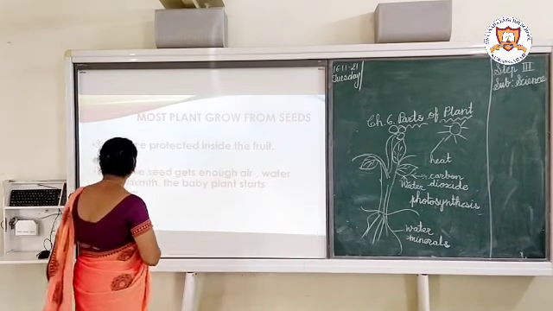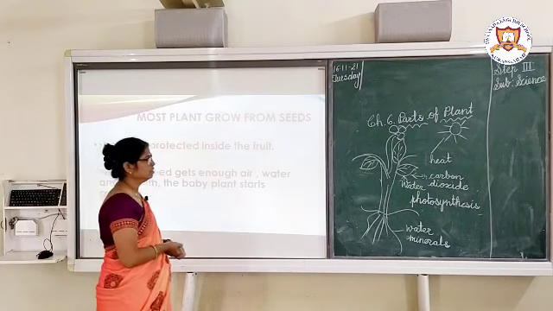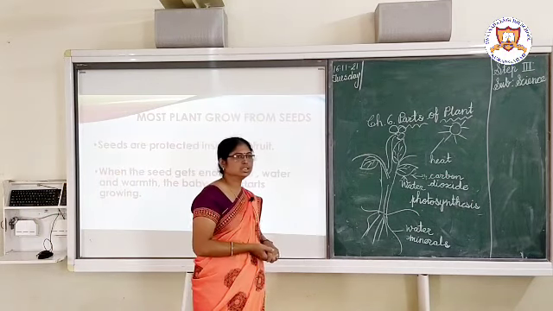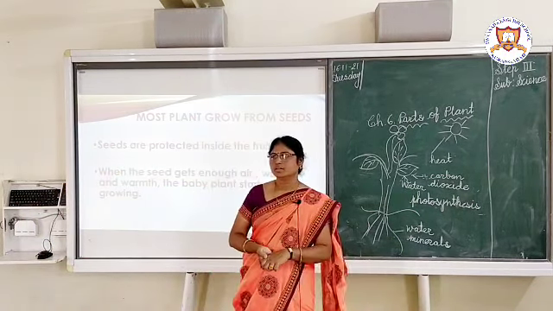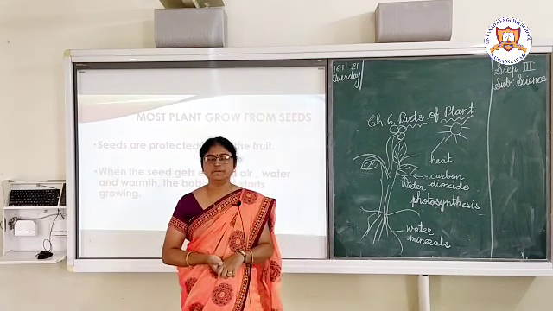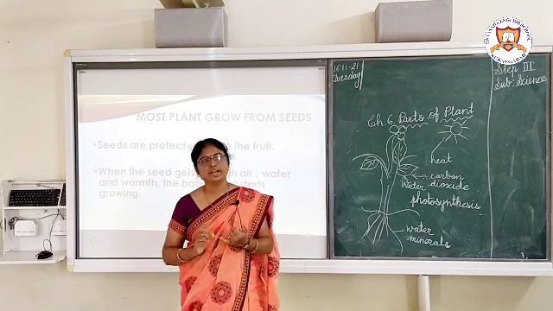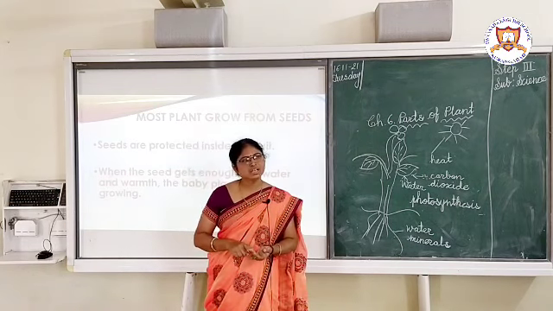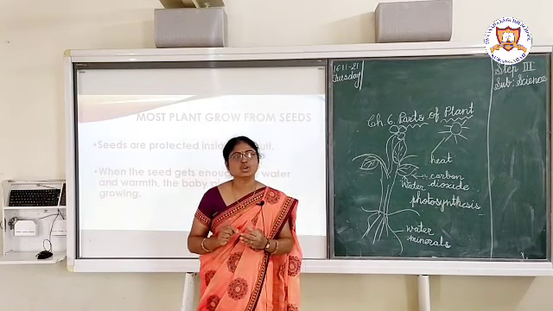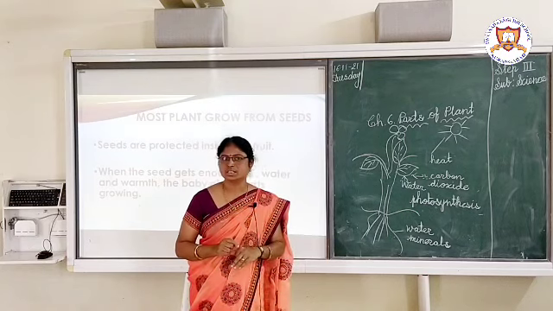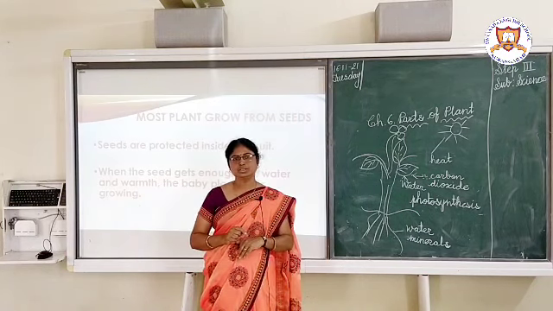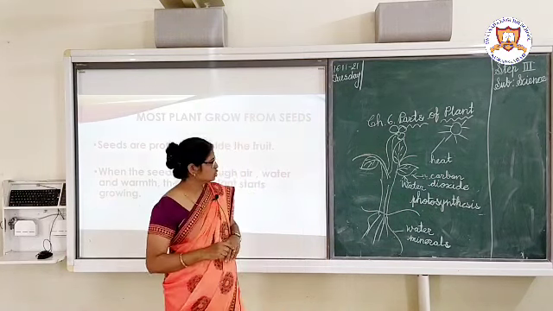Once again, who can tell me the process of photosynthesis? Leaf makes food in the presence of air, water, sunlight. And this process is called photosynthesis. Understood? What is photosynthesis?